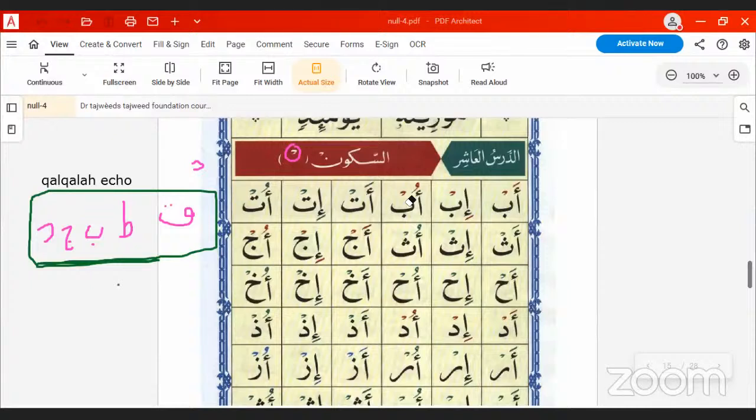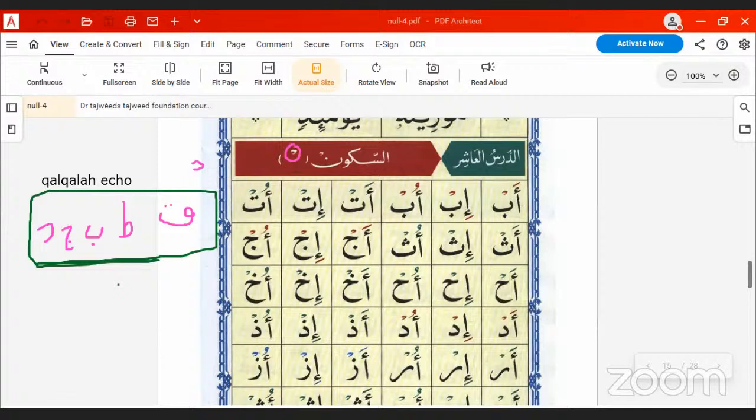Don't say ab, ib, ub. Don't do like that. We have to follow certain rules. This is how the Prophet ﷺ had read the Quran. So we have to be careful about these five letters. Whenever there is a sukoon, we have to apply the kalkala, the echo sound.